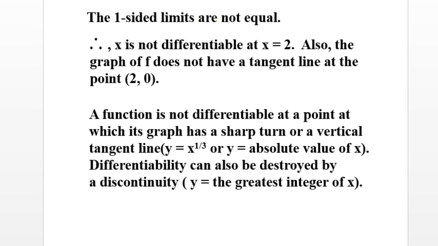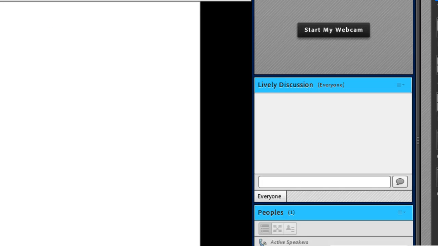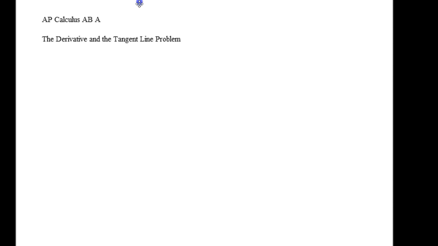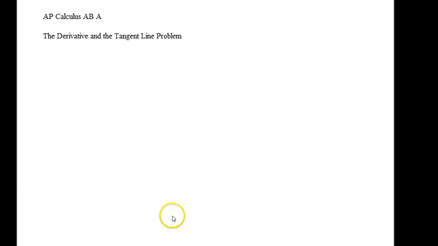Okay. All right, but that's the derivative and the tangent line problem, and I'll show you a little bit more tricks next time on how to do derivatives. But remember, use your derivative function. If you don't have this problem memorized for the AP test, you're going to be having a world of hurt. So I'm going to write it out.